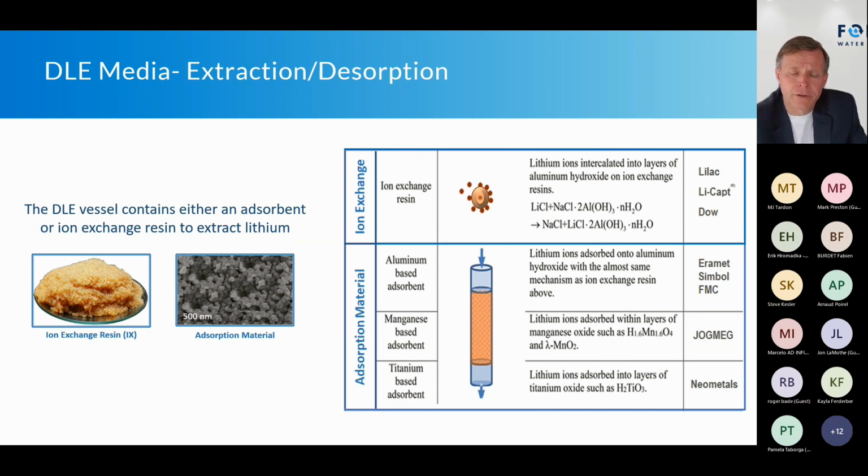So this is the regenerant or reagents used in the regeneration of the materials. So it could be hydrochloric acid or sulfuric acid, H2SO4. That's the most common one. The cost differences between HCl and sulfuric acid are significant.